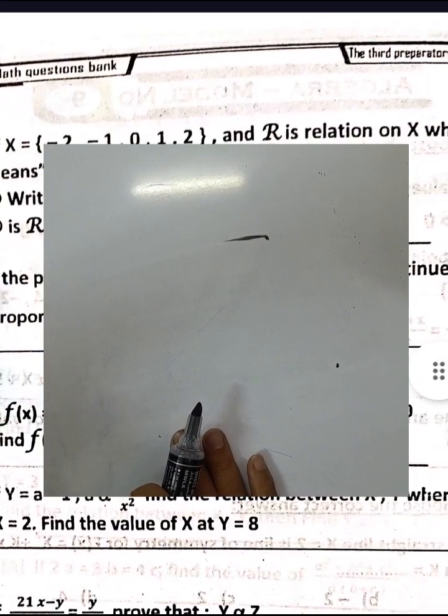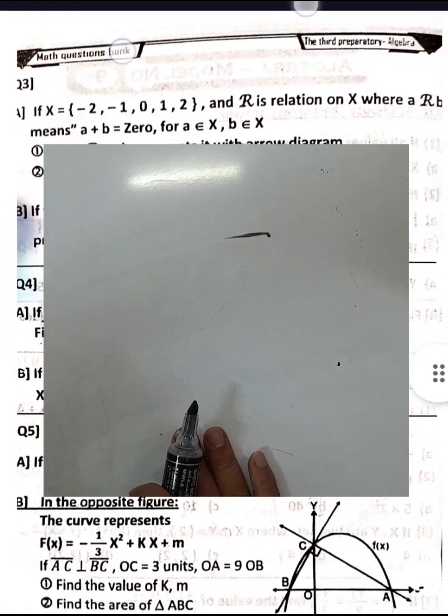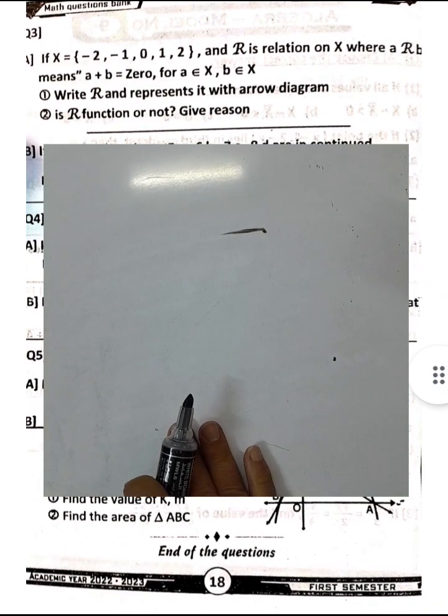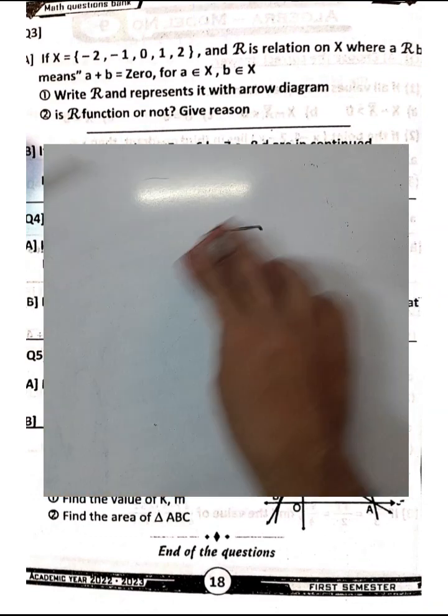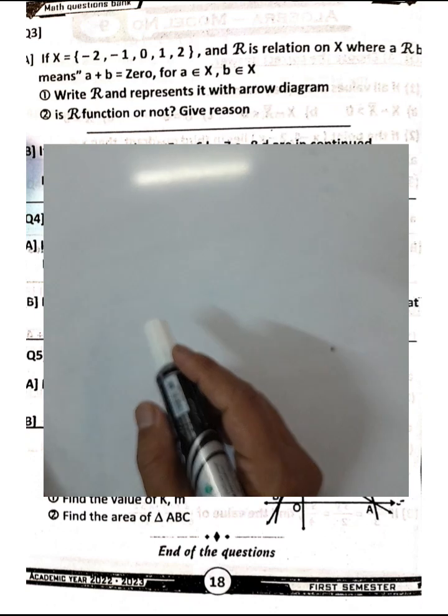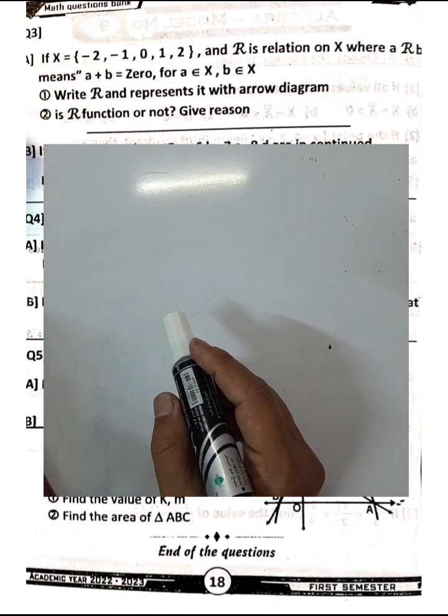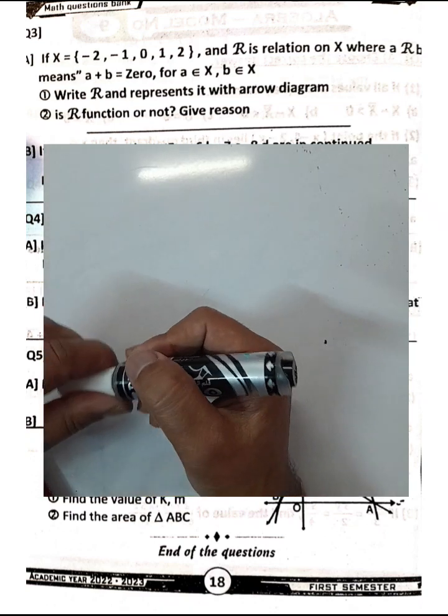Next question. If x equals {-2, -1, 0, 1, 2}, and a relation on x where a relation is (b, c) means a plus b equals 0.